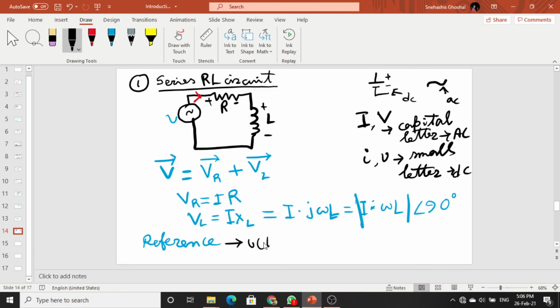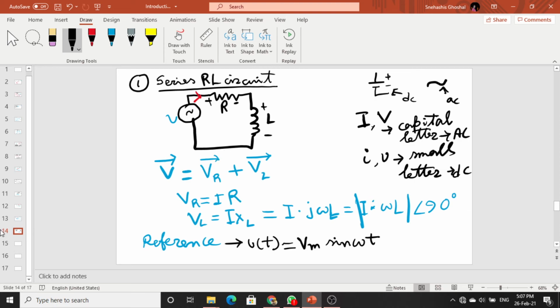If nothing is mentioned, I can put anything. So I am just assuming a sine: Vm sine omega t. This V into root 2 is equal to Vm. Nothing is mentioned, so I have assumed sinusoidal. If I had assumed cos, the formula would be different, but the analysis would have been the same.